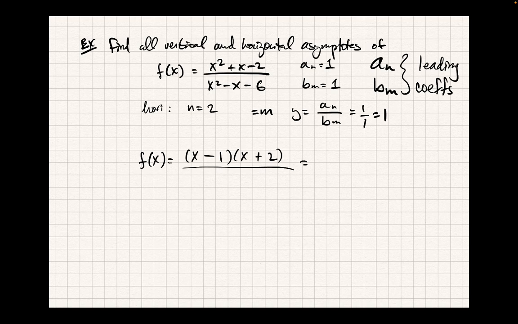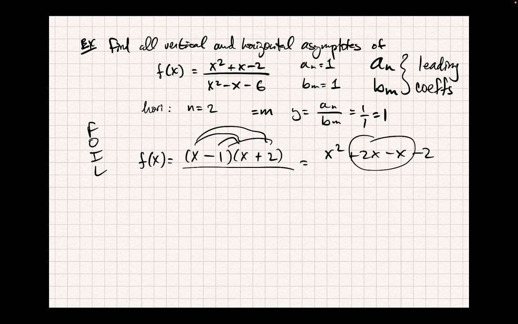FOIL this for me. First, outside, inside, last: x squared, plus 2x, minus 1x, and then minus 2. Does that give me x squared plus x minus 2? Yes, once I combine like terms.